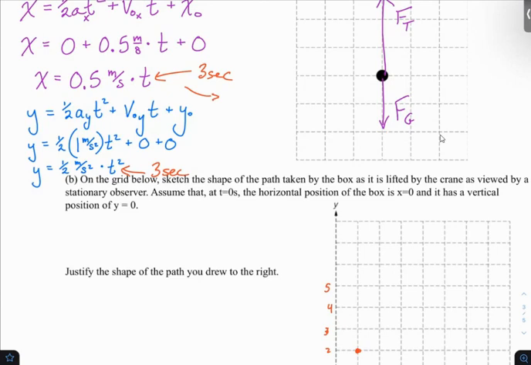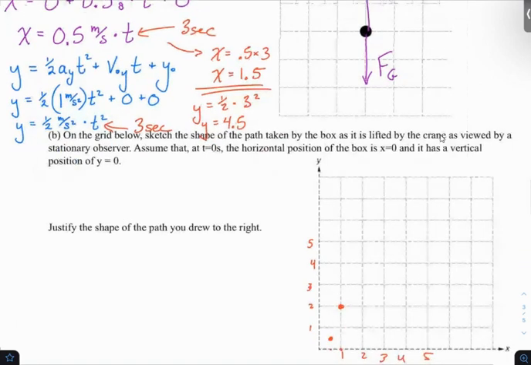When I plug in 3 seconds, x is equal to 0.5 times 3, so x is 1.5. At the same time, y is equal to 1/2 times 3 squared, so y is 1/2 times 9, which is 4.5.